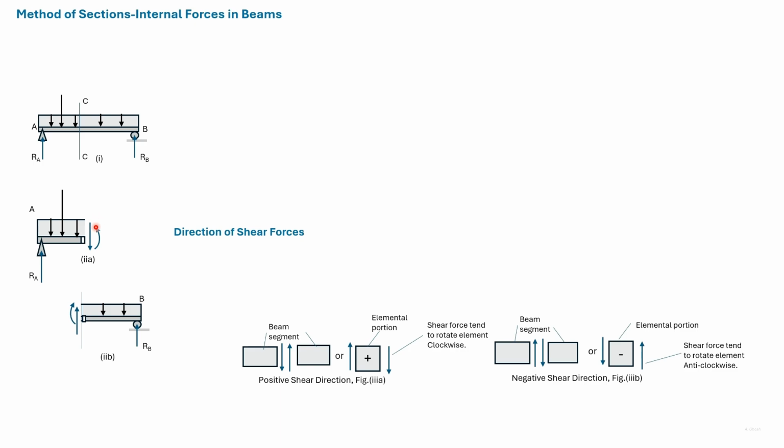The downward force here and the upward force here form an action-reaction pair, and the moment acting on the left section and the moment acting on the right section form again an action-reaction pair.